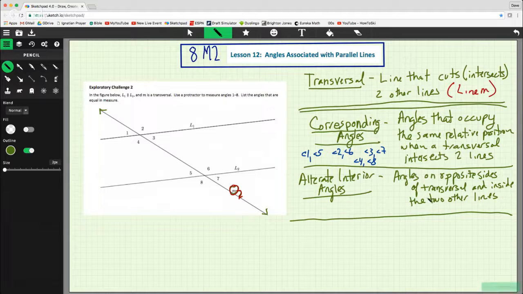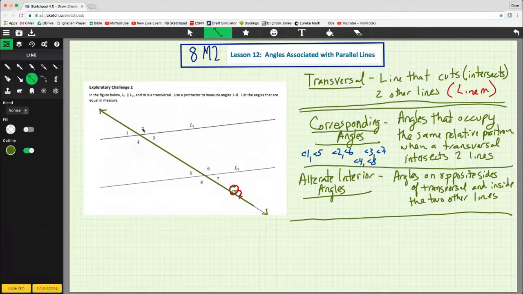Okay, so we need angles on opposite sides. So if this is our transversal, remember our transversal is this green line here. Well, we want angles that are inside the 2 lines.